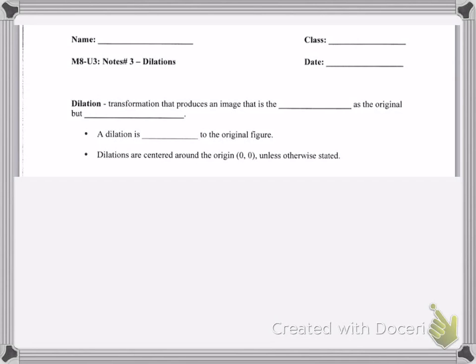What a dilation means in terms of math is it's a transformation that produces an image that is the same shape as the original, but not the same size.